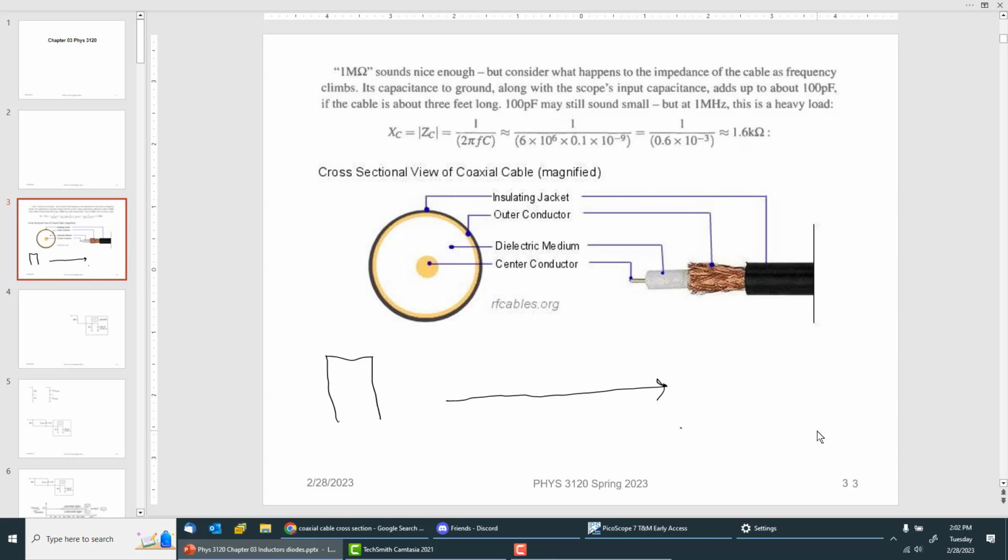You don't really like that the coax has a capacitance, but at the same time you want to be shielded and you want to know what the capacitance is. They quote it as something per foot, and that's why he mentions 3 feet being important.